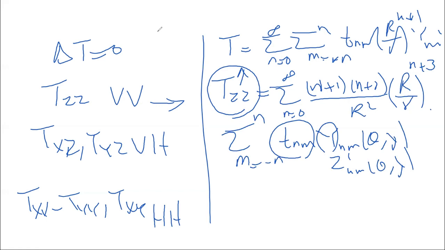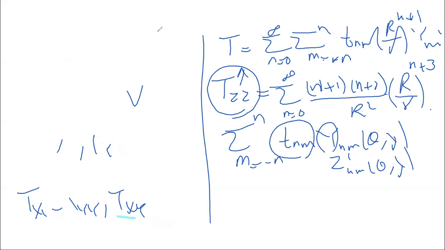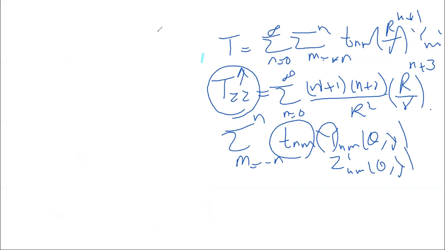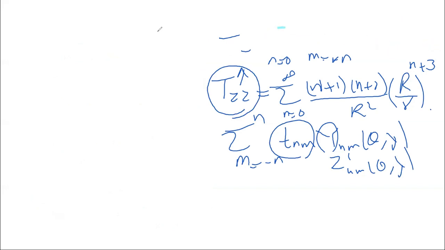So the solution is easy. So TZZ is now known, and TNM is needed.